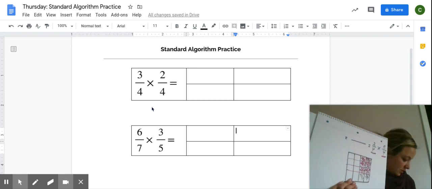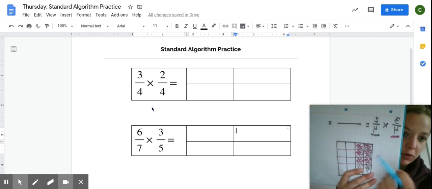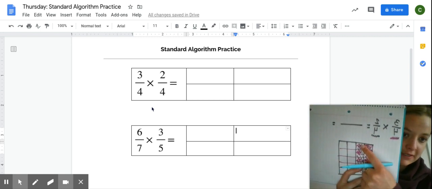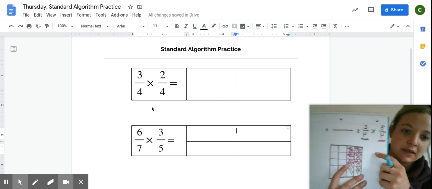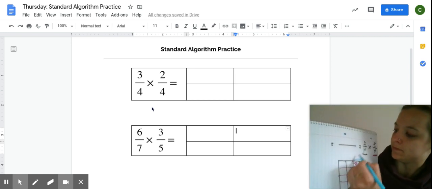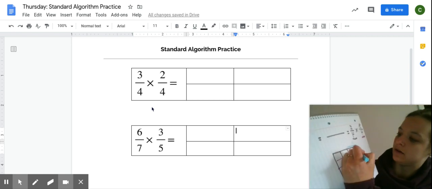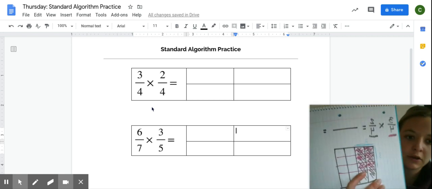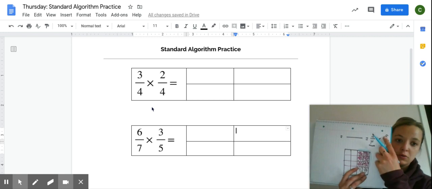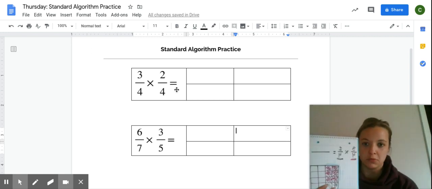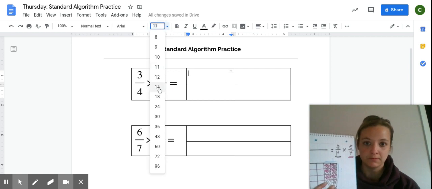What I want you to notice is that when you are doing that, you actually start with your 2 from your 2/4, and then you have your 3 from your 3/4. So to find our new numerator, we can multiply our two numerators from the previous problem.